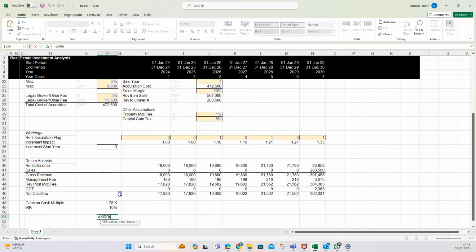Again, I think XIRR is more reflective when there are series of non-consistent cash flows. So if I wanted this to work, I could do this minus one, equals XIRR. I mean, rental income is a constant and equal series of cash flow. So I'm not a big fan of XIRR for that.